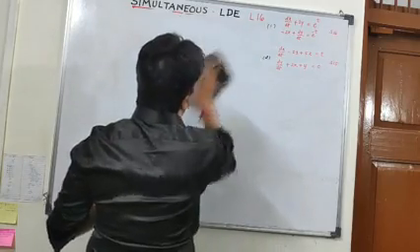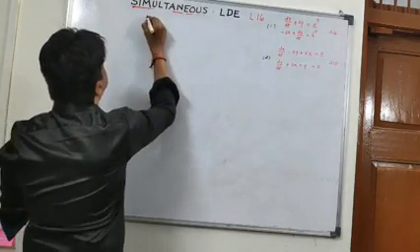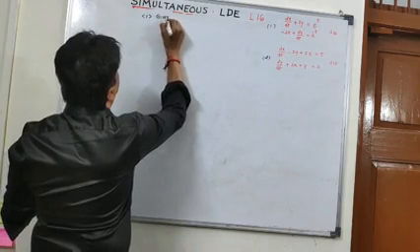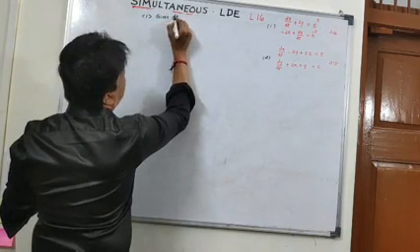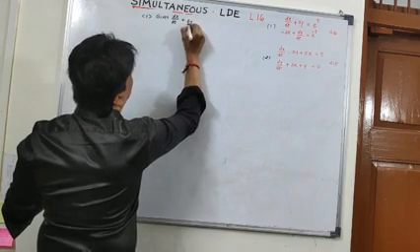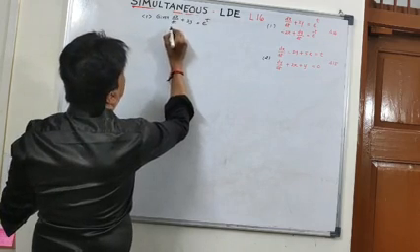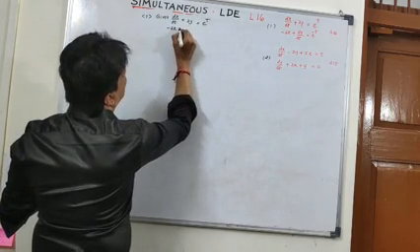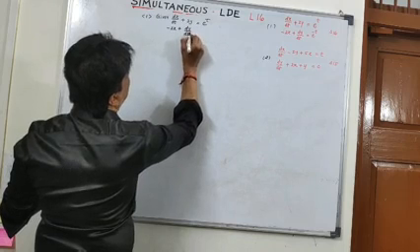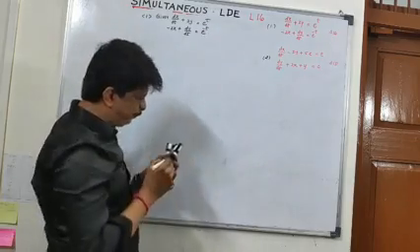So the same concept I am using to solve this pair of equations. Let us consider the first example. Given dx by dt plus 2y is equal to e power t, and minus 2x plus dy by dt is equal to e raised to power minus t.